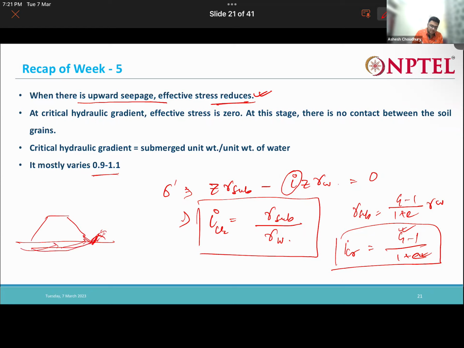It will form a path, and water will just keep on flowing through the soil. So it will seem as if the soil is boiling. That's why it's known as the boiling condition. So we need to always make sure that at the exit, mainly at the tailing end, our critical hydraulic gradient is not exceeded.